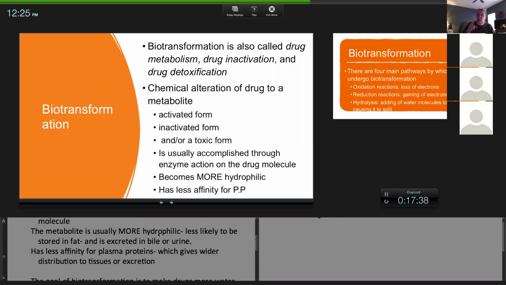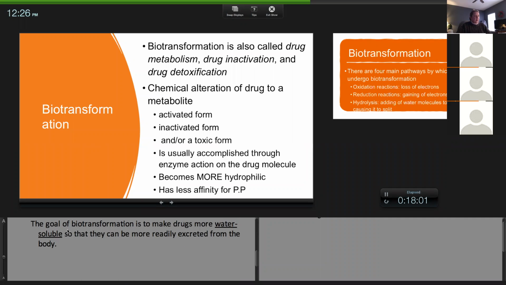Those are the two primary pathways by which drugs are excreted: through the bile to the intestine, or through the kidney via the urine. Because they alter the makeup, they don't get reabsorbed in the fat and they end up getting excreted. So if you biotransform them and they're more water soluble, then they can be actively excreted from the body.